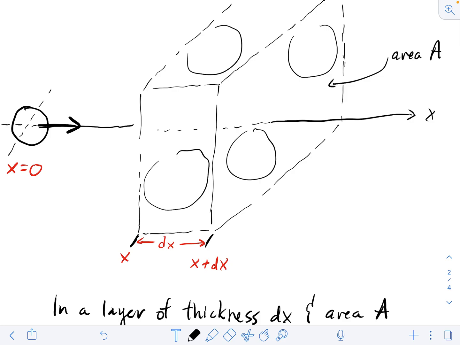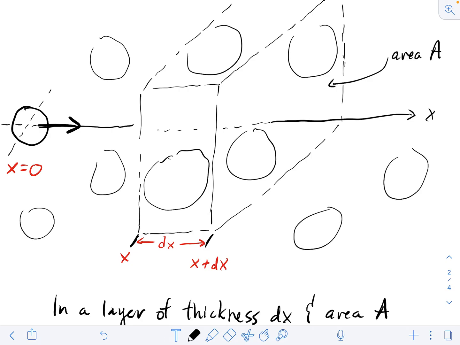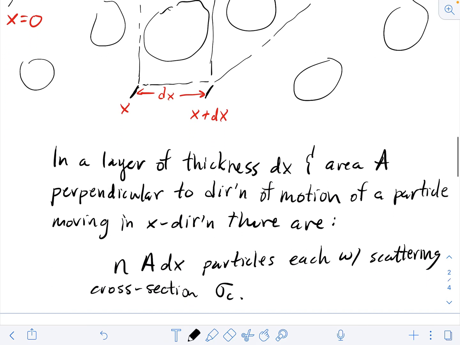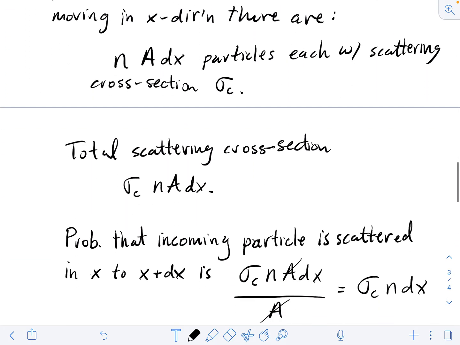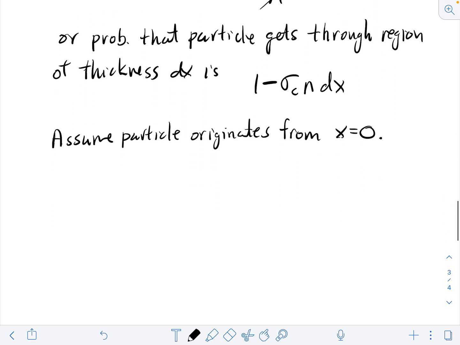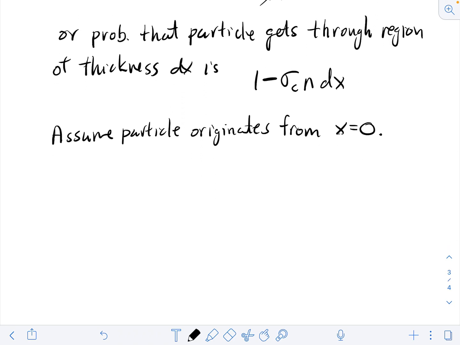I've drawn particles as if they're only in the slab, but there are also particles out here in space, right? There's a uniform density of particles. And so if our particle's even going to make it to x, it would have to not scatter from any of the particles that are in the region of space between x equals 0 and the position that we're calling x.